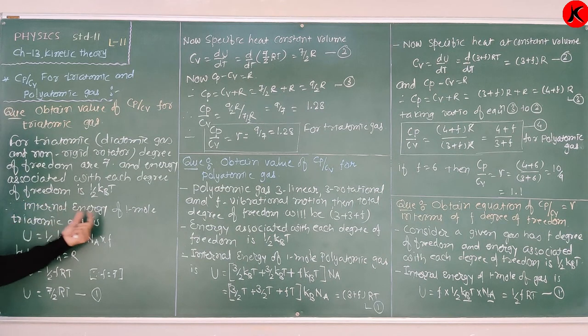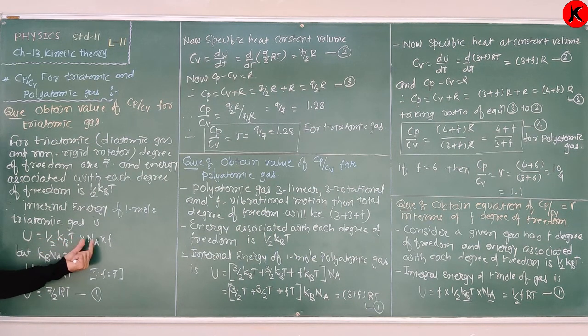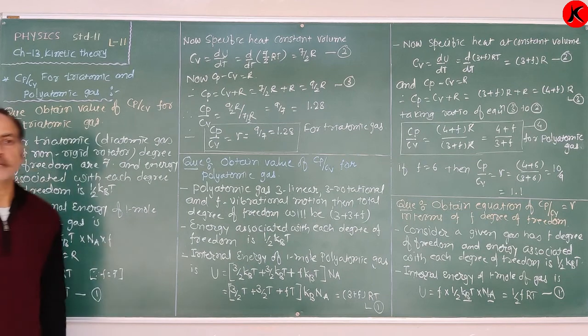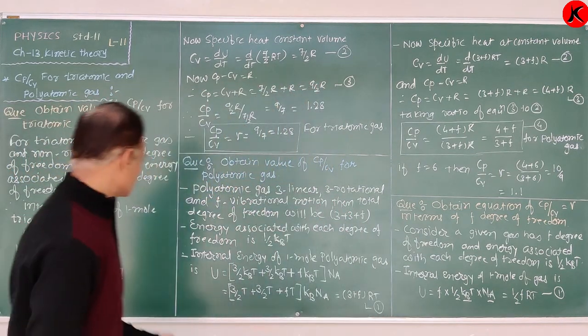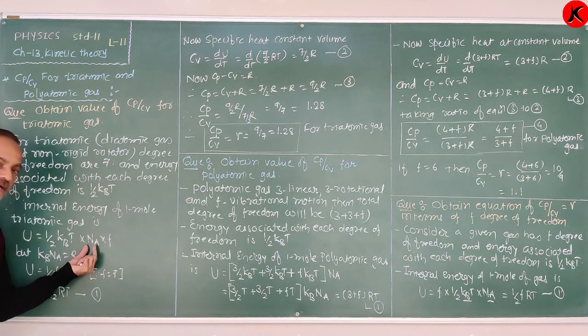Therefore, the internal energy of 1 mole of diatomic gas is U equal to half kBT into the number of degrees of freedom into the number of molecules in 1 mole of gas. In 1 mole of gas, the number of molecules is equal to Avogadro number.